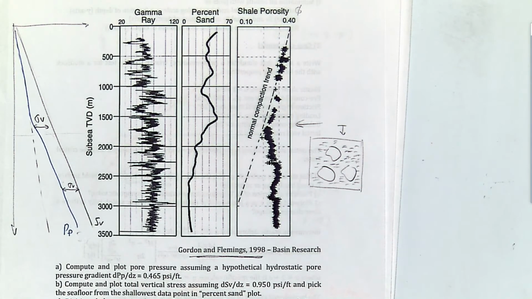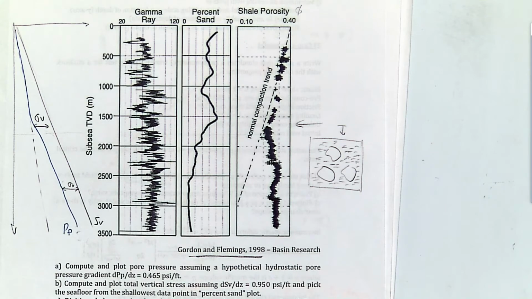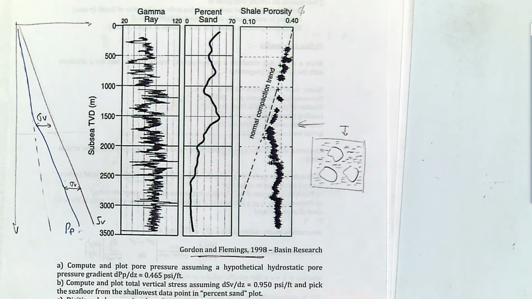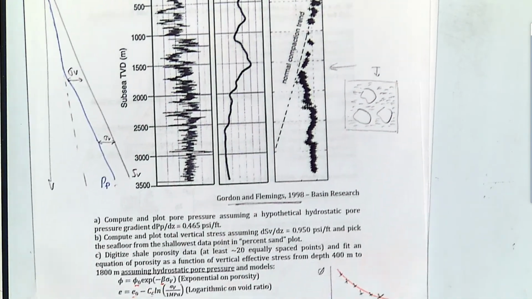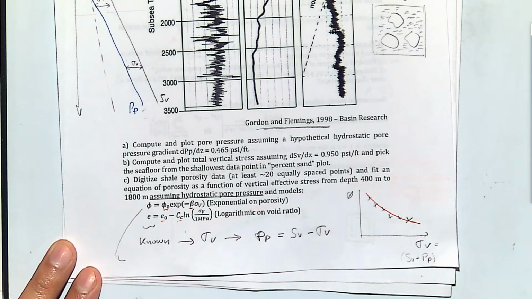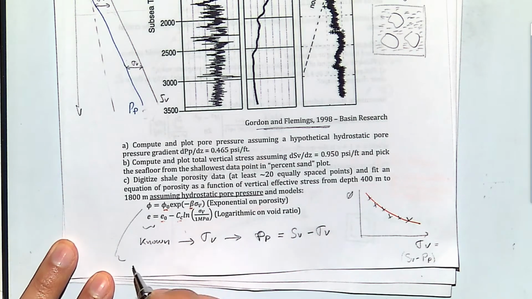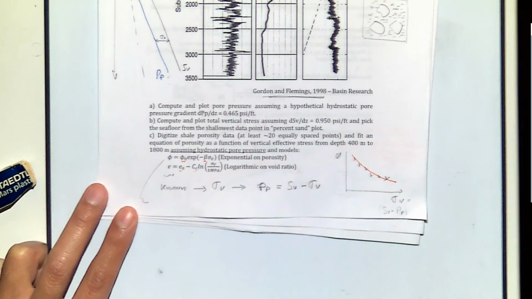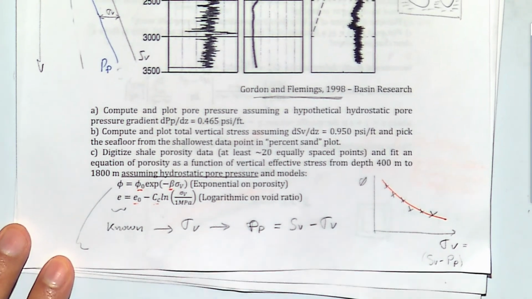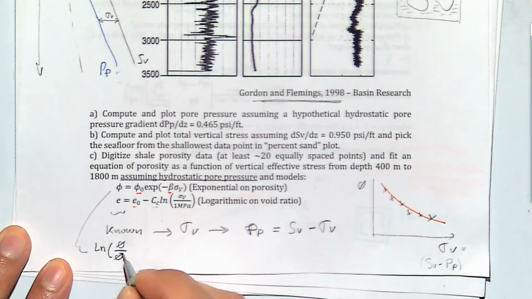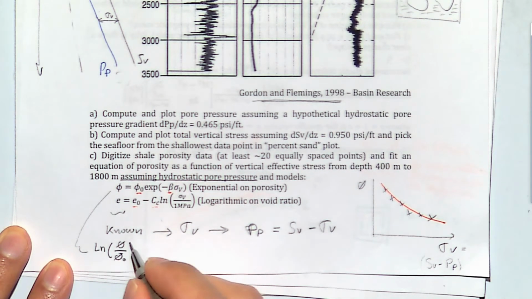Anything else from here? Yeah, just to further continue with that, if you take the natural logarithm of the first equation, it should be natural logarithm of porosity divided by reference porosity.